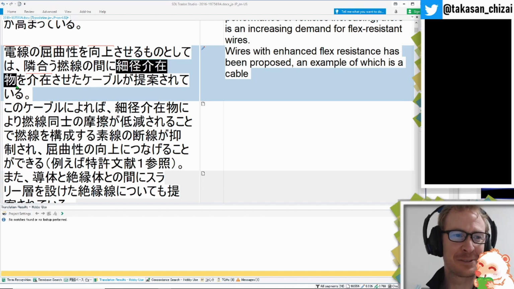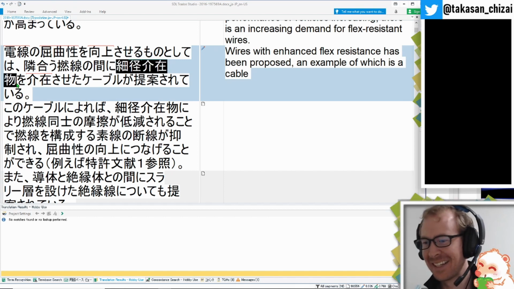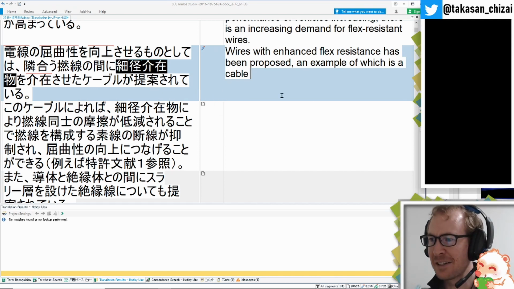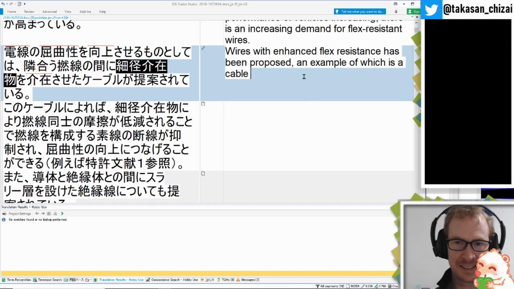Again, we have a nice group of kanji here to translate. The Japanese here is not really saying include and comprise. So we can't really go that far to say it.